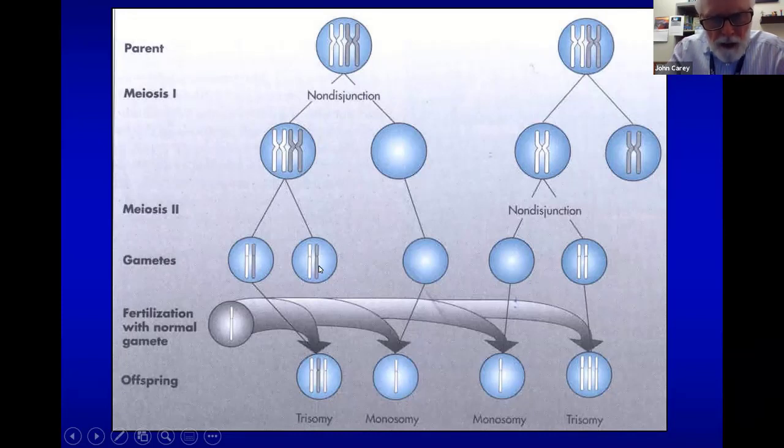And of course, if one of these is then joined with a partner's gamete that only has one 18, that particular offspring has three 18s. So that's the process of non-disjunction. It can occur either in the first step in meiosis, or in the second step. I won't go through the second step in detail.